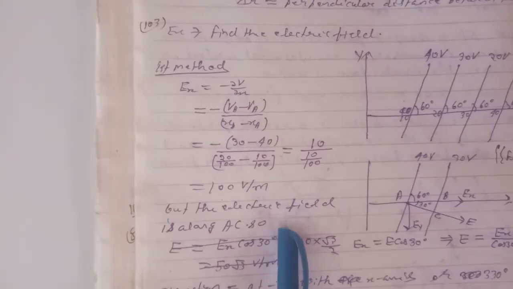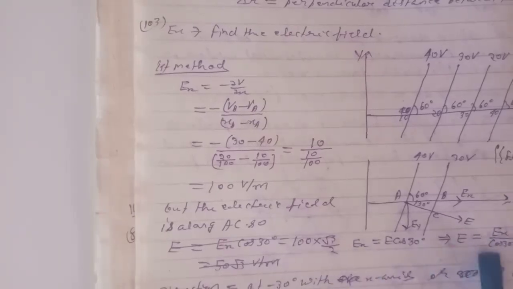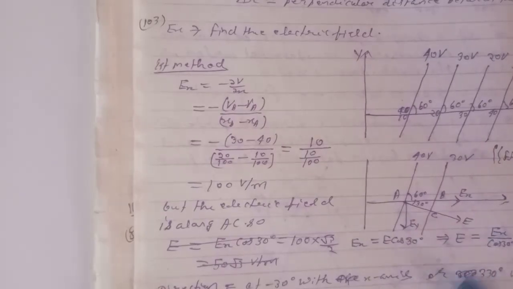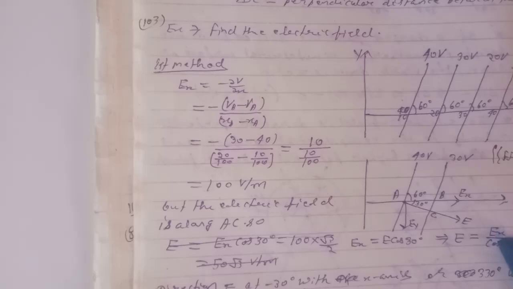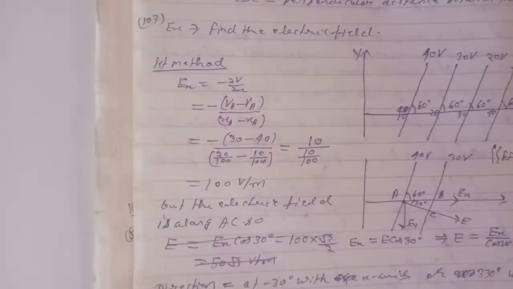But the electric field is along AC, so Ex is equal to E cos 30 degrees. So we can write E equals Ex by cos 30 degrees, and we have calculated the value of Ex. So 100 divided by root 3 by 2 equals 200 by root 3, so E will be 200 by root 3.